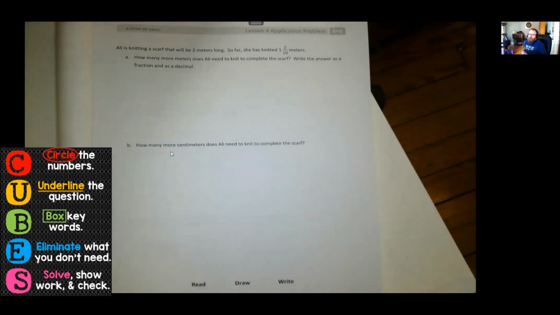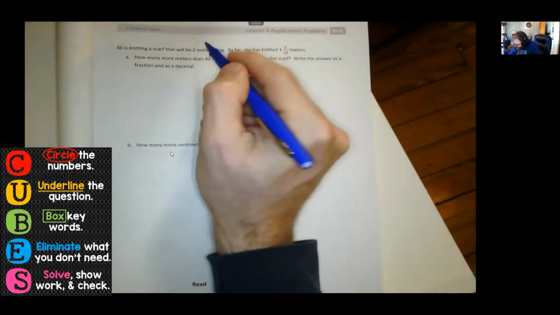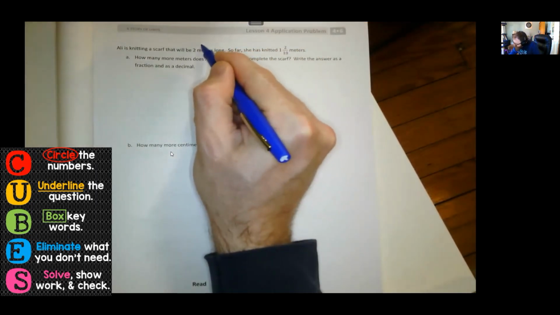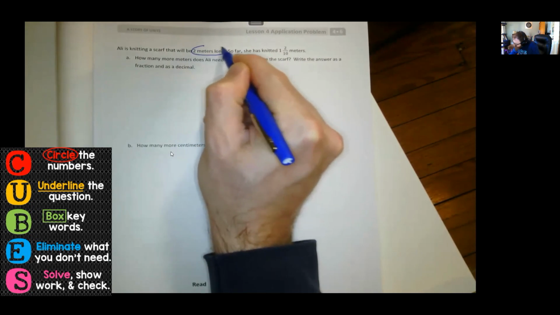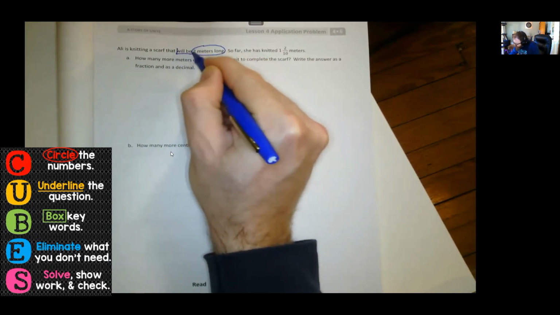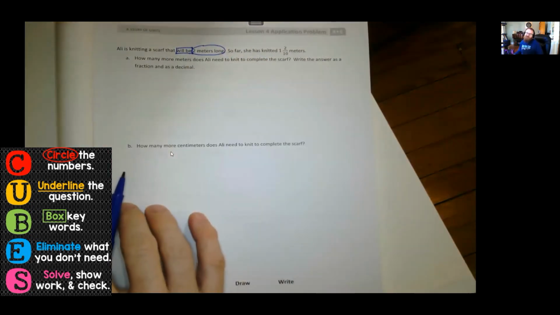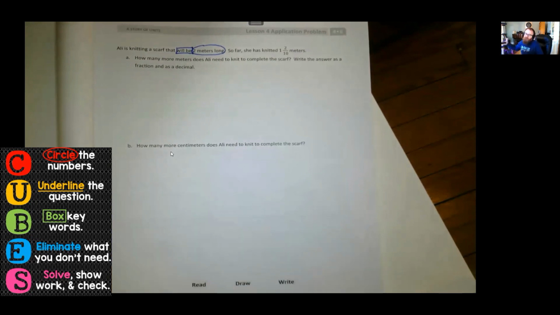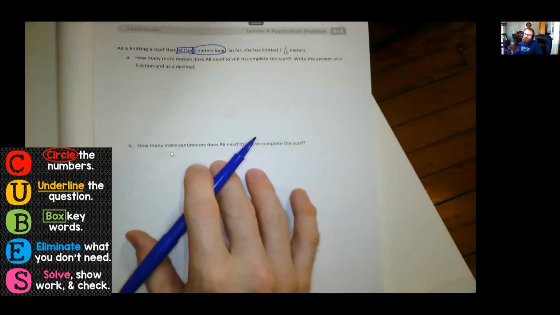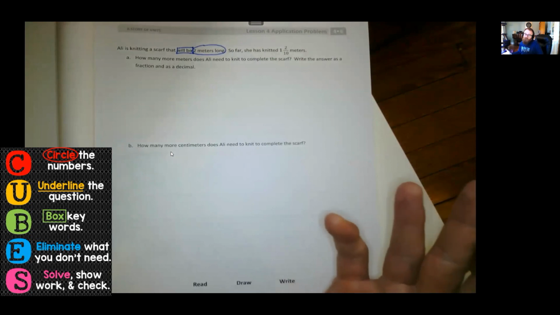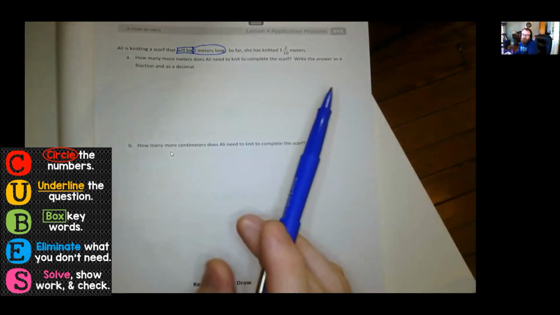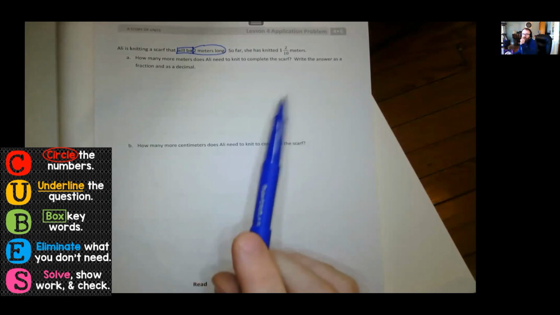So let's stop and pull out the important information here. Important numbers, okay? We know that the scarf will be 2 meters long. "It will be" tells us that it is not yet. The scarf is still growing, getting bigger, right? So we are going to need to find maybe a missing part of an amount, is what those words tell me.